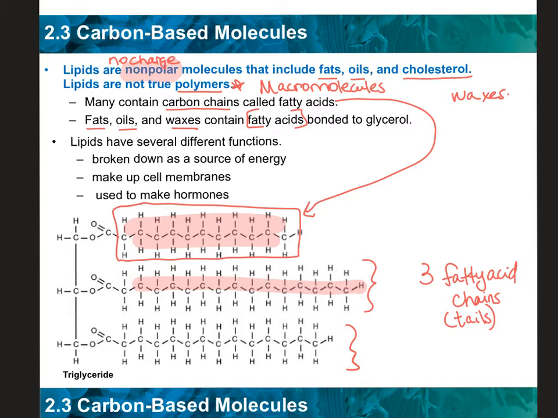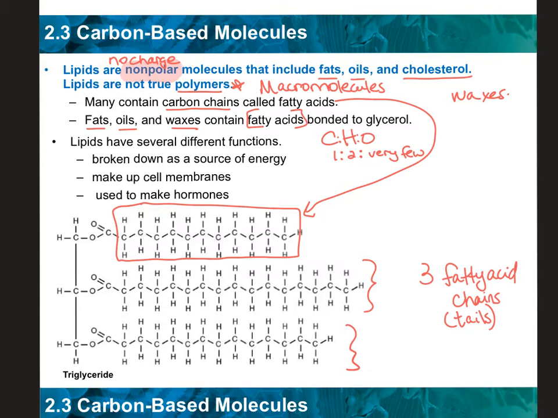So when we look at a lipid, it's important to remember that we're looking for some basic components, just like we looked for basic components in a carbohydrate. So in a carbohydrate, we looked for carbon, hydrogen, and oxygen in a 1-to-1 ratio. Here it's going to be a little different. We're going to look for carbon, hydrogen, and oxygen, but this time the ratio is not 1-to-1. It's 1 to very few.